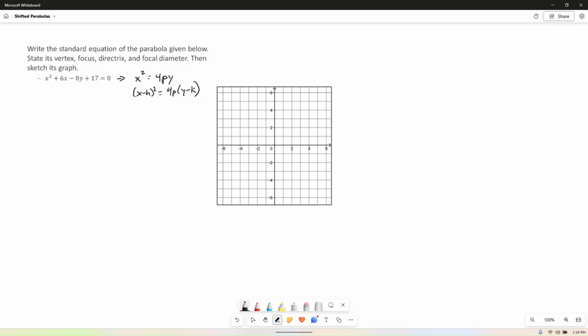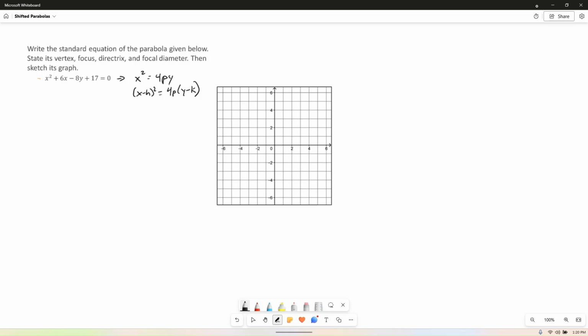And to do that, we're going to have to isolate our variables, and then we're going to have to use some completing the square. So because the x minus h squared term is on the left side of our standard equation, I'm going to leave any x variables, any x terms on the left side, and I'm going to move the y and the constant to the right side.